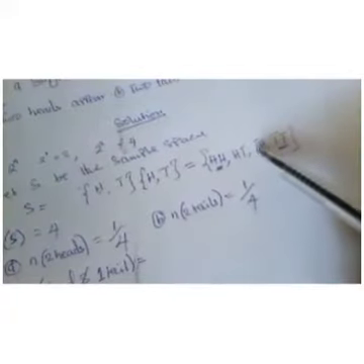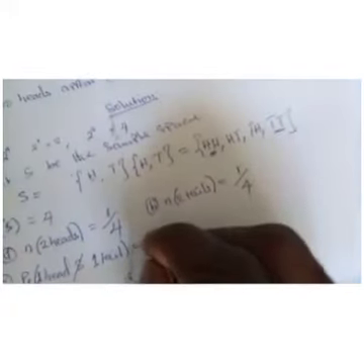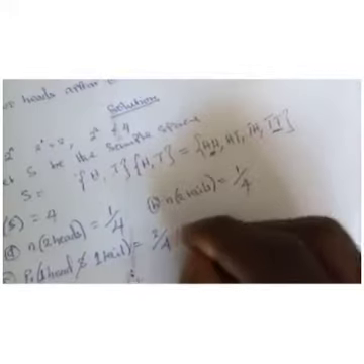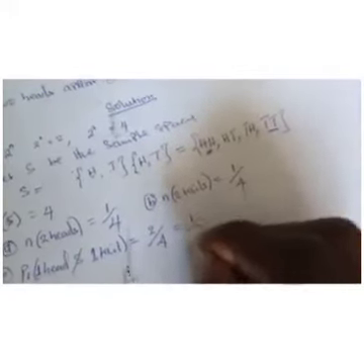Okay, and the other one says one head and one tail. So the C part now says the probability of one head and one tail will be equals to, since we have one head, one tail, one head, one tail, two places, it will be 2 over 4, and 2 over 4 is equals to 1 over 2.